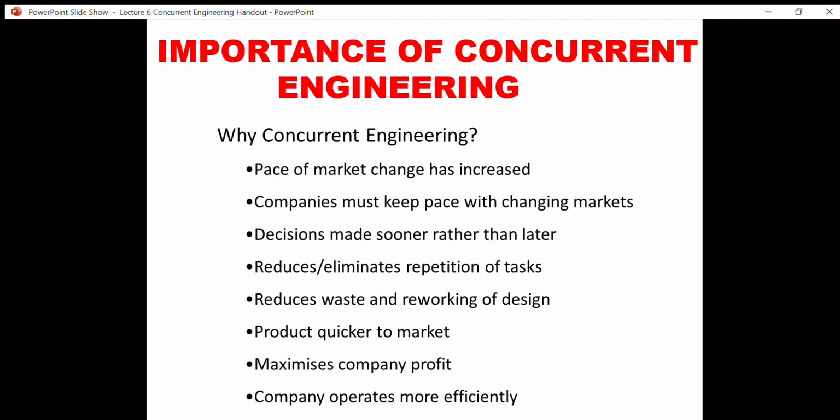So they consume time redoing that. So we can reduce the waste, make the process quicker, and make the design more efficient, improve the quality of the product we develop, and maximize the company profit.